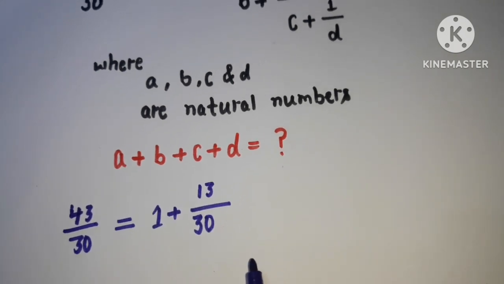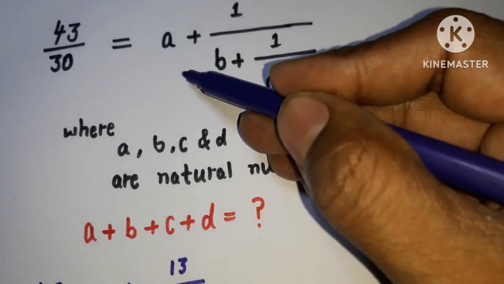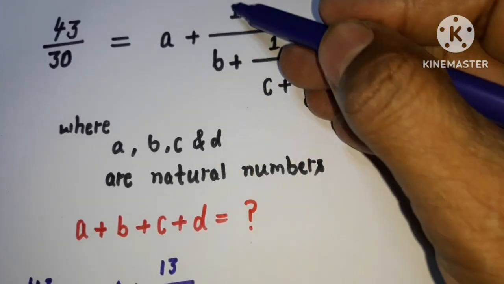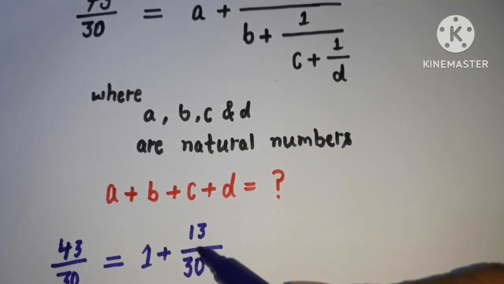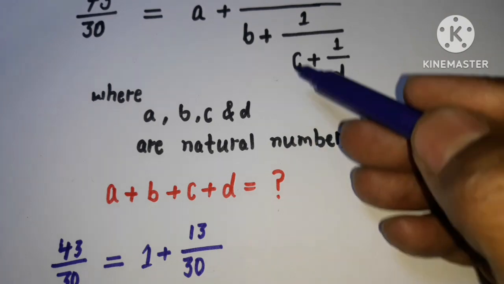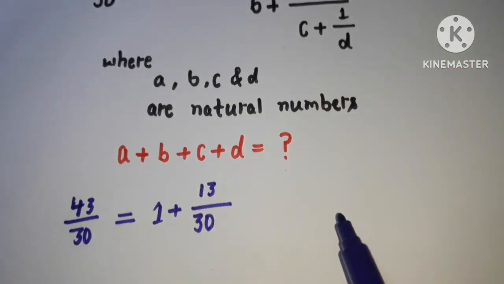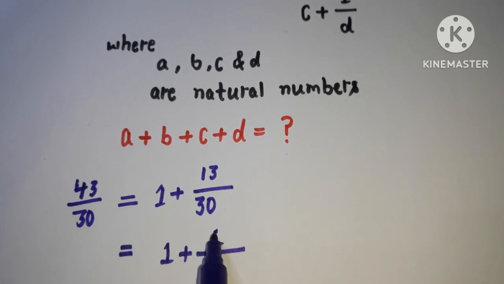So this is going to be compared with the given a. Instead of a we have 1 over here, and the rest should be 1 upon something, but we have only 13 by 30. So we need to convert this into 1 divided by something. How can we change it? We can write 1 divided by 30 divided by 13.